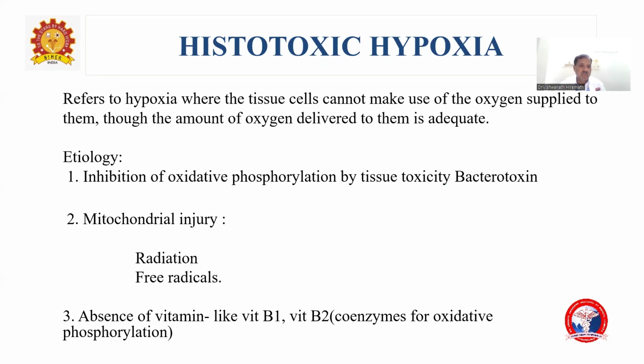Etiology: inhibition of oxidative phosphorylation by tissue toxicity because of bacterial toxin, mitochondrial injury due to radiation or free radicals, absence of vitamins like B1 and B2, coenzymes required for oxidative phosphorylation.